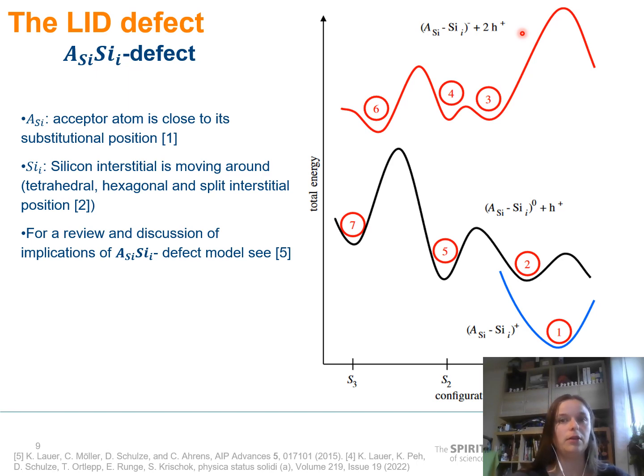Here, the density of the defect in this configuration can be estimated with the help of the P-line intensity. So, for understanding, other configurations can also be present at the same time.